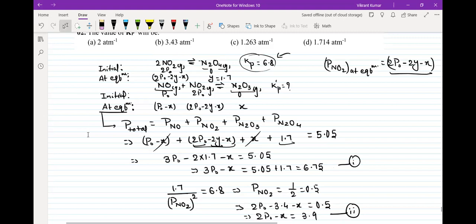Now you can solve it. Starting from the first one, if you just multiply the second one by 3 by 2, see how much it becomes, 3 by 2, so 7.8. Solve this. If you directly subtract, you will get P naught. P naught will become 2.85. And after that, solving here, double of 2.85 will be 5.7. 5.7 minus 3.9, so X becomes 1.8.